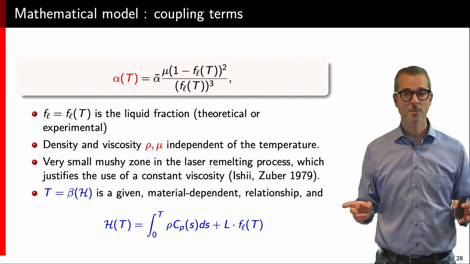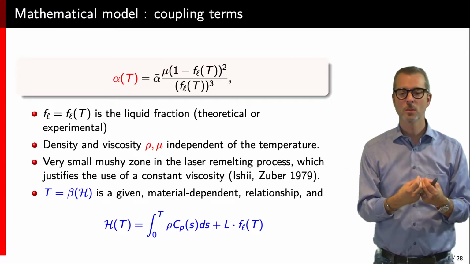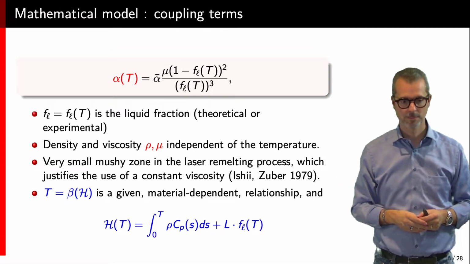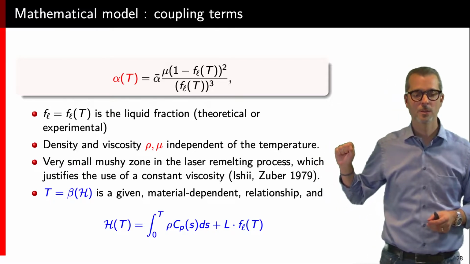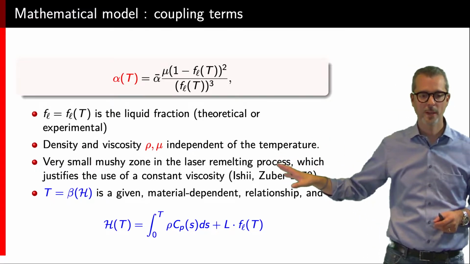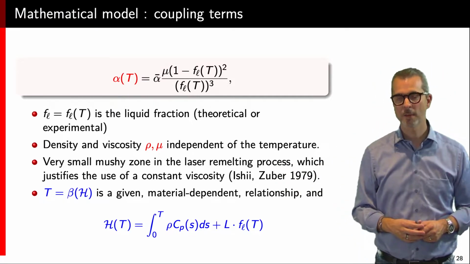And this is an assumption that mostly relies on the fact that there is no real mushy zone in such processes between the melting pool and the solidified metal. And we are going to need some physics to link the temperature and the enthalpy in a very classical way, and vice versa, the enthalpy with the temperature.